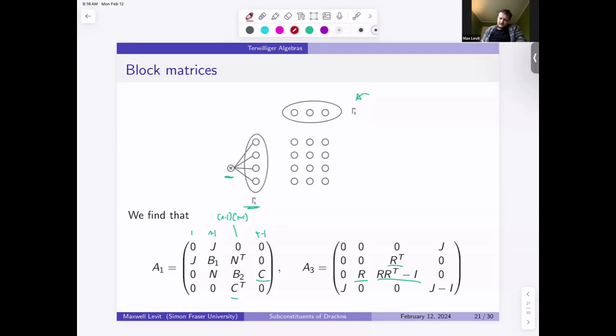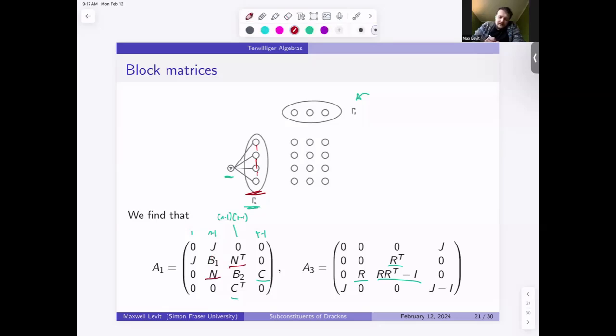Now the other point, I wrote this generally, but this B1 is actually going to be 0 for triangle regular, if we're triangle free, because what is B0? It's the adjacency matrix of the stuff that lives inside this first subconstituent. So we actually have a 0, which is what makes some of our calculations give us something tight and give us a complete characterization of the spectrum.